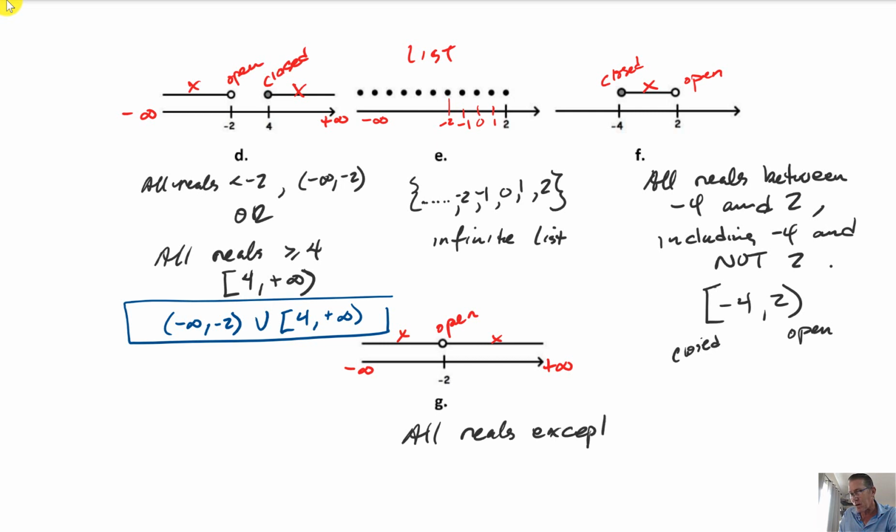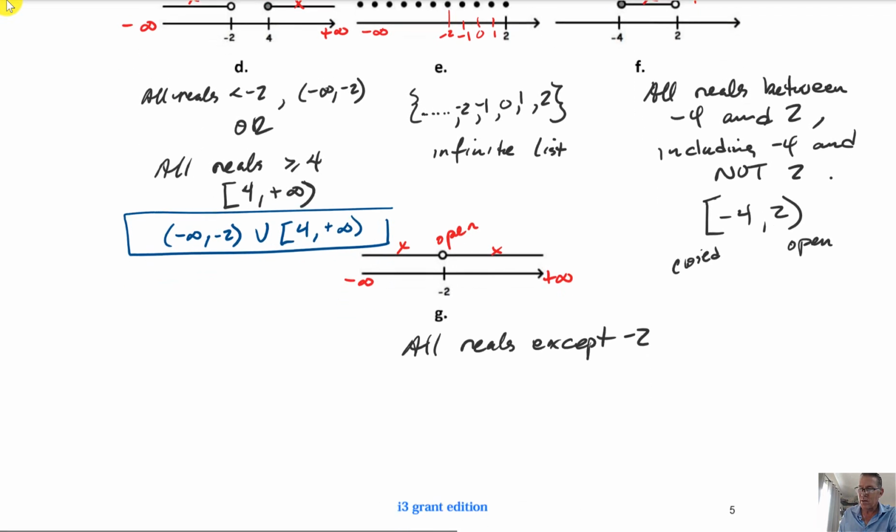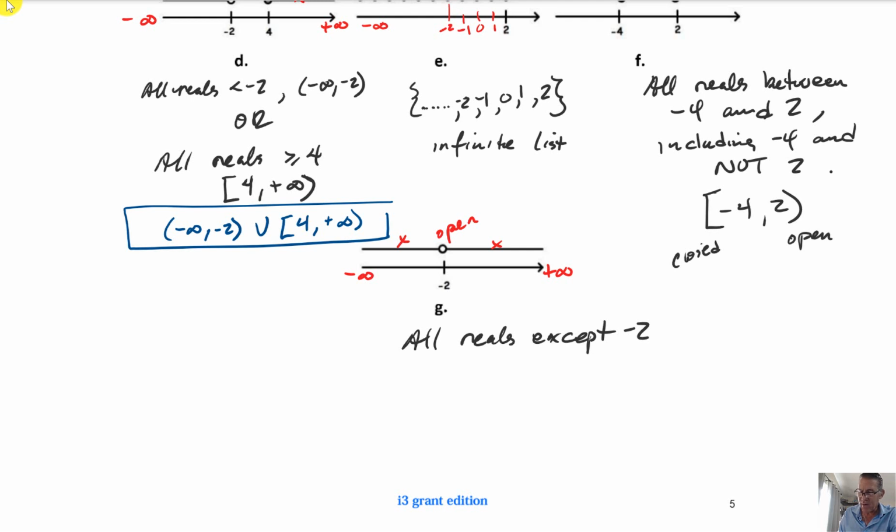except -2. Okay, so the way you write that is you have to use 2 intervals. You have to say the interval on the left here, so from -infinity to -2, union, -2 to positive infinity. You have to break it up into 2 intervals if you're going to write it in interval notation. Or you can simply say x is not equal to -2 using inequalities.